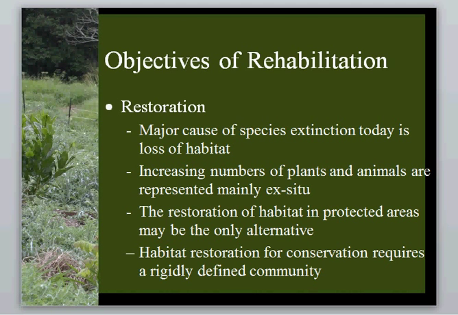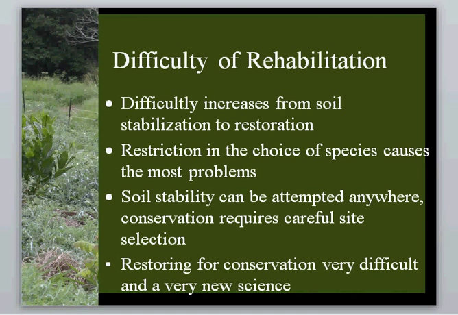Instead, you must choose the species which existed there before. So this makes restoration the most difficult form of rehabilitation. Because of this restriction in the choice of species, many problems are caused. You have to be able to modify the microclimate so that the species can survive, and that takes time, money and resources.